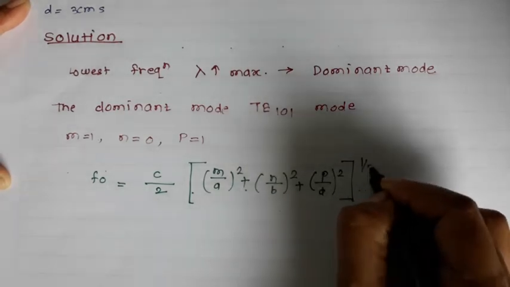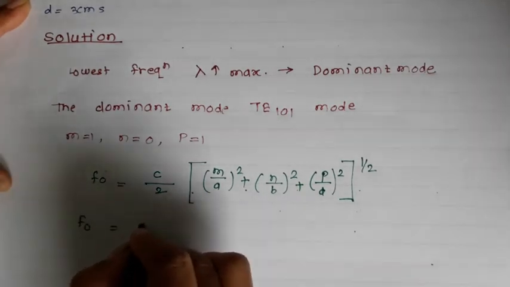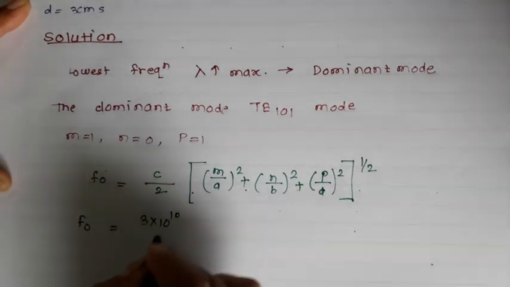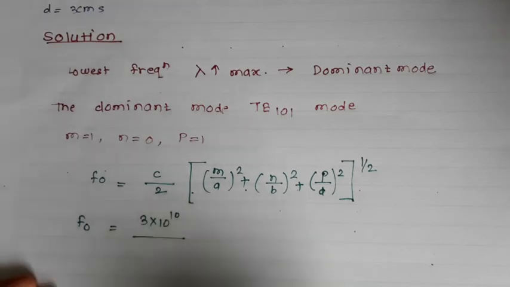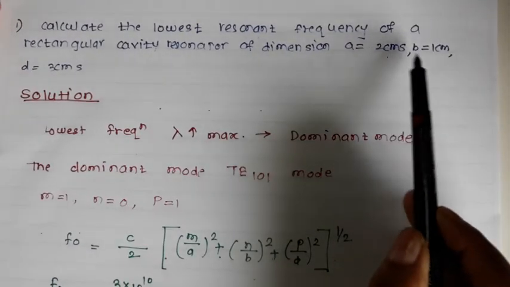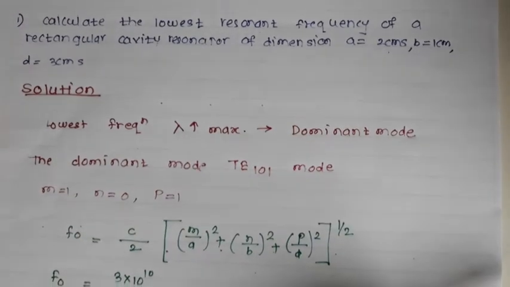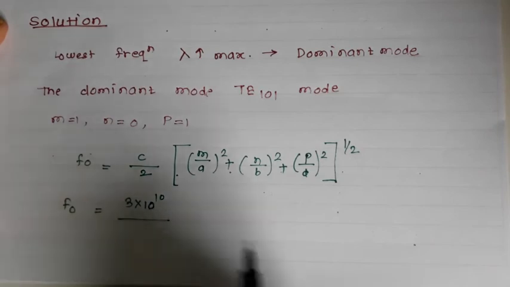So F0 is equal to 3 into 10 raised to 10, as all the things are given in centimeters. You can see here the problem gives A equal to 2, B equal to 1 and D equal to 3 centimeters. That's why we are taking all the units in centimeters.